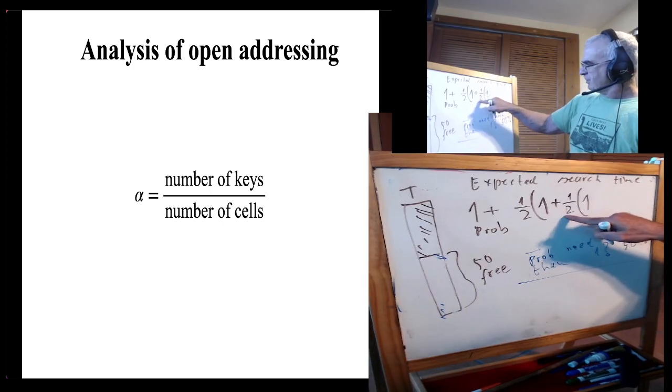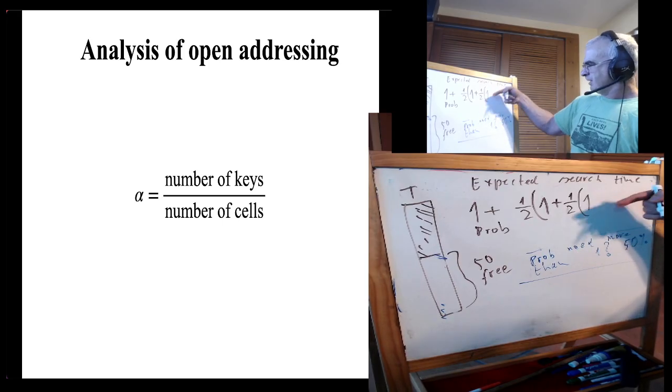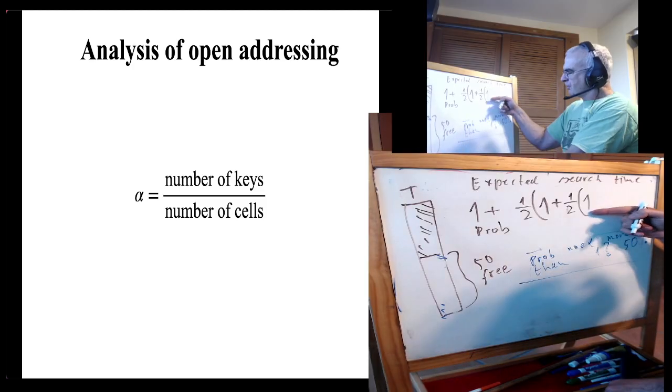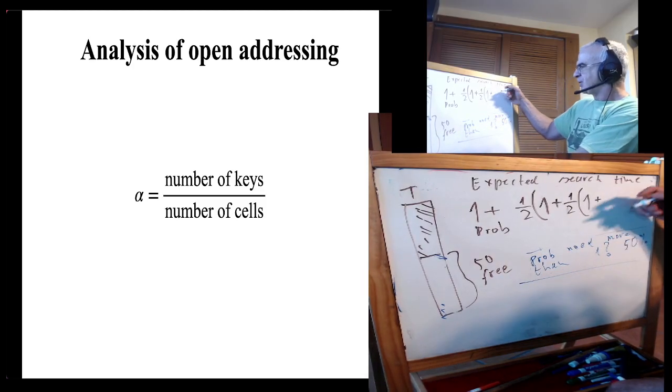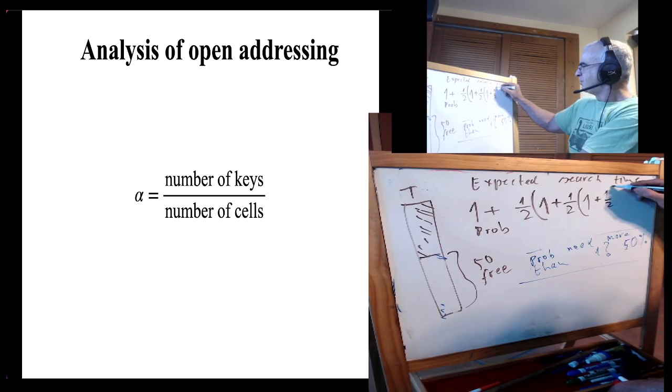So with probability of half, I'll need one extra probe, and possibly I'm done, or there is 50% chance yet that I'll need one extra probe.